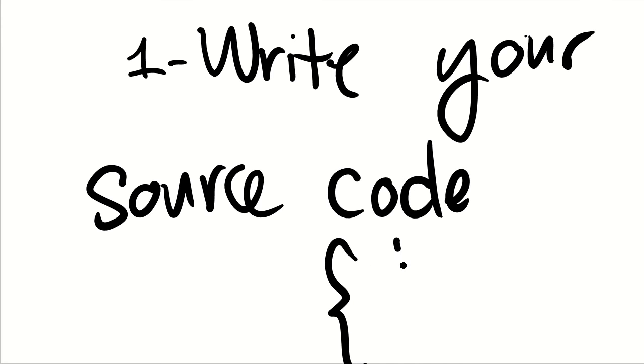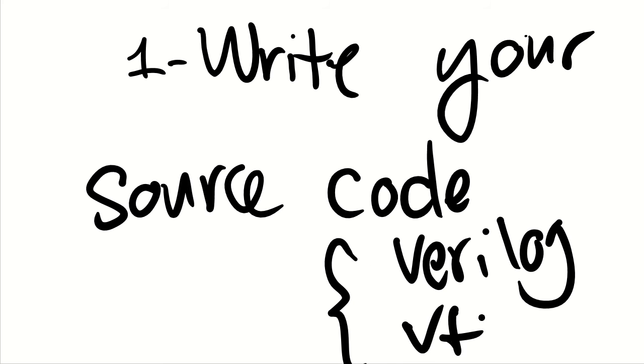So you first write source code. These are the steps to customize your FPGA. You write your source code, and as I said, the languages you can use are Verilog and VHDL, which are basically the same thing.